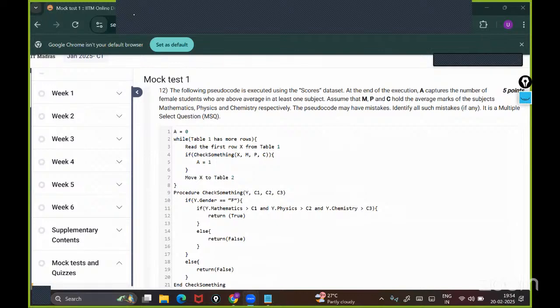Line 10 has error. Ma'am, in line 11, instead of line 10, and it should be or.